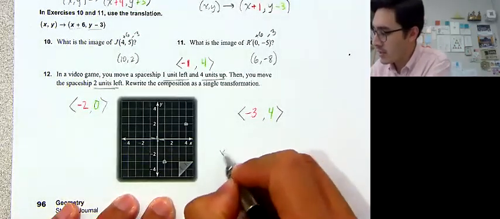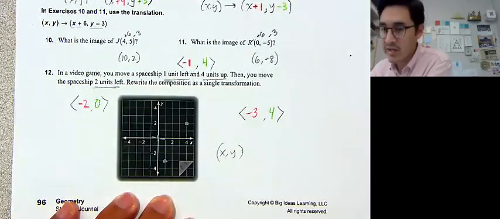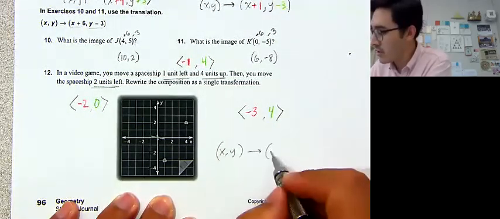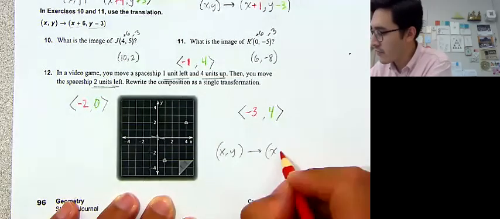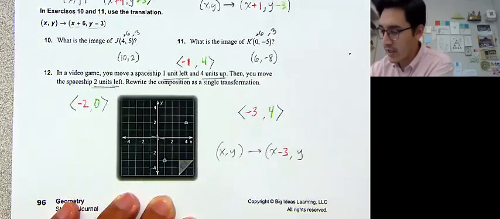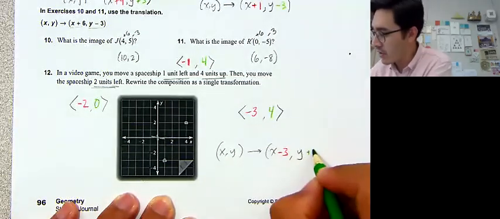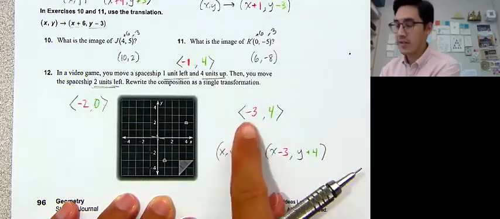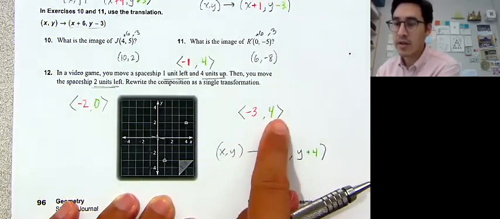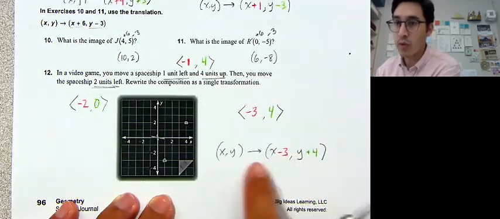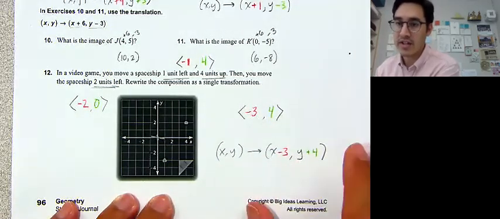So we can write, take any set of coordinates x and y, and then we're going to subtract 3 from the x coordinate. And the rule for the y coordinate is to add 4. So this is a vector representation of the translation, and this is a rule representation of that same translation.